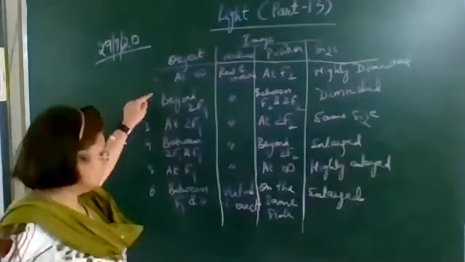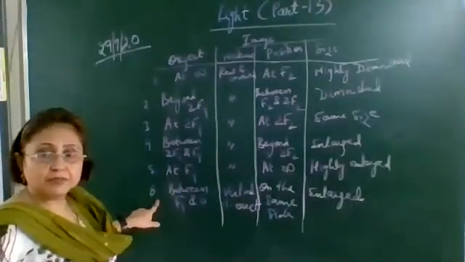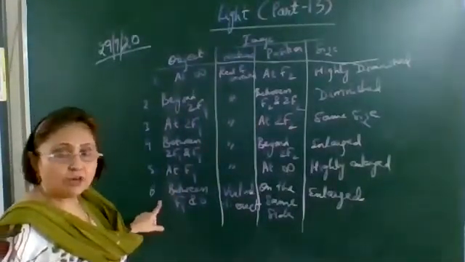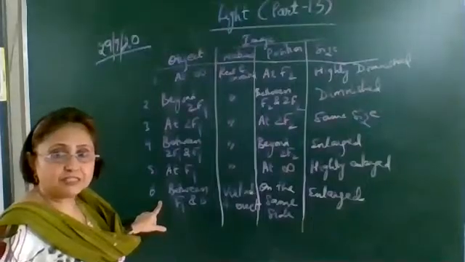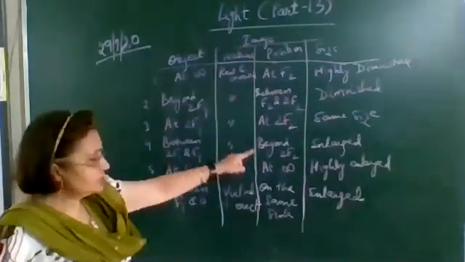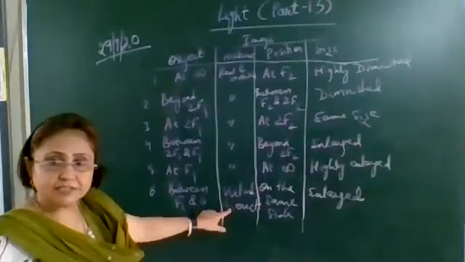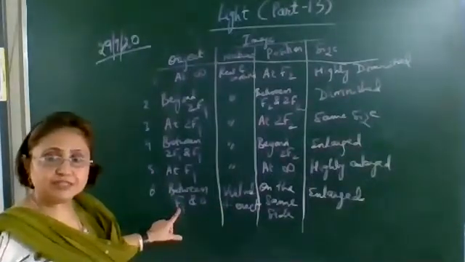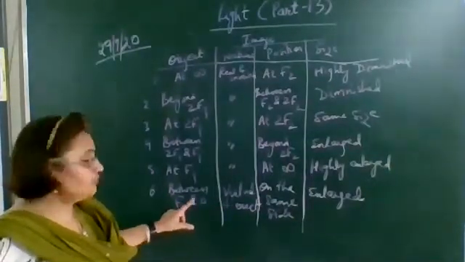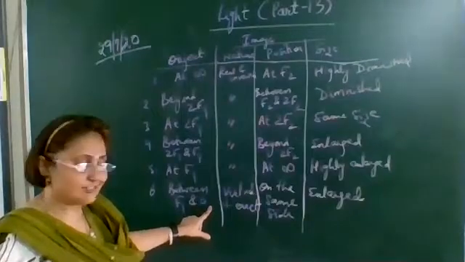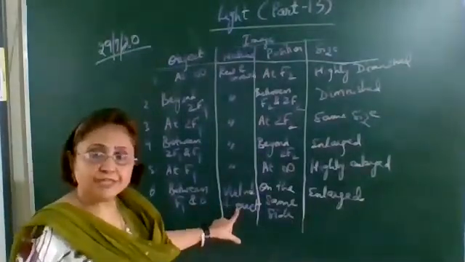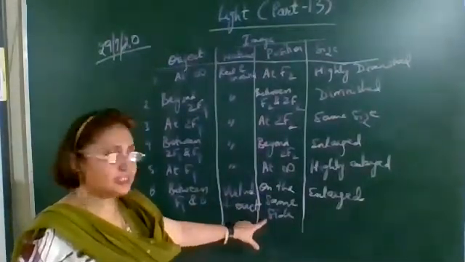So at these 6 different positions we place the object in front of a convex lens, and these are the points about the image formation. Only when the object is placed between focus and optical center on the left side, the image formed is virtual and erect, and it is formed on the same side.